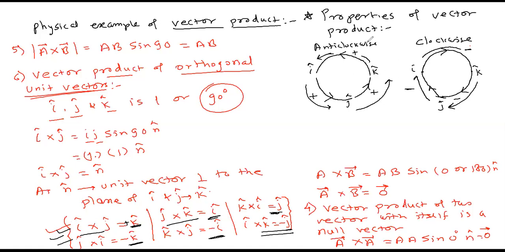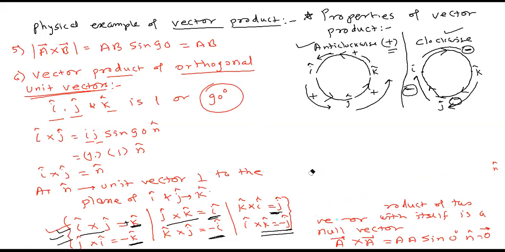In the anti-clockwise direction you get the plus sign for the resultant, and in the clockwise direction you get the negative sign. So these are the important formulae for the vector product of orthogonal vectors.